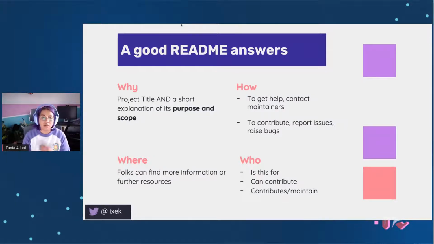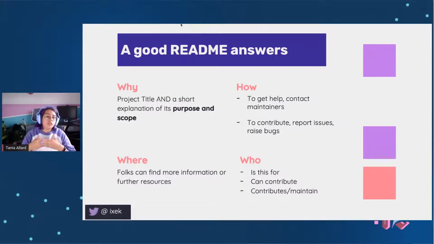And so many times, I don't know if it's because we sometimes are too excited to get a project out there and we assume that folks just get the purpose and the scope of our project either from other resources or just by using it. But not many projects have this purpose or scope described in the README. And sometimes when I am trying to compare multiple projects that do similar things, I do want to understand why I would choose one over the other.